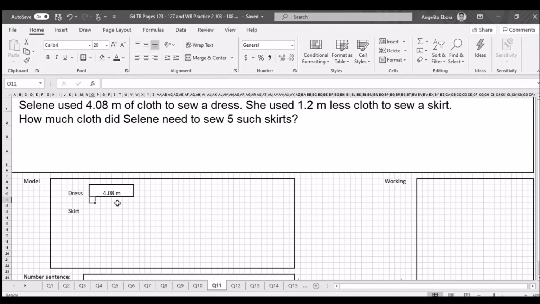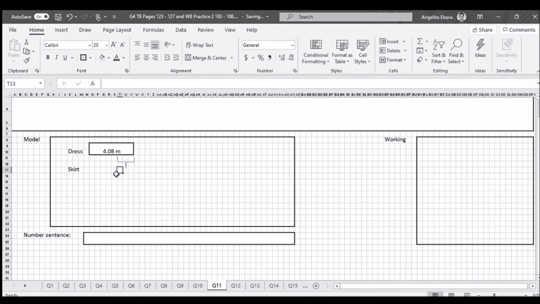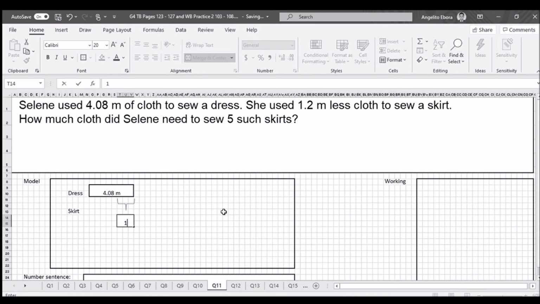So let's say this is the less, this part here. This is the less, which is 1.2 meters. Okay, so how do we find this?